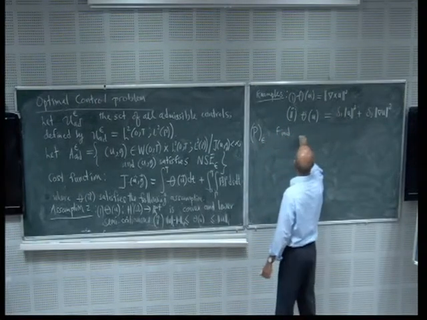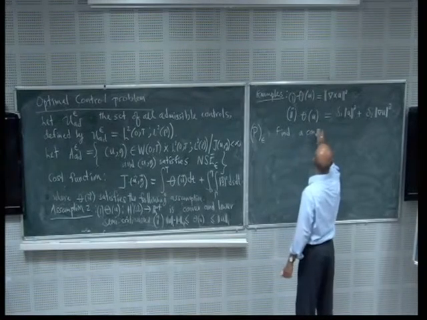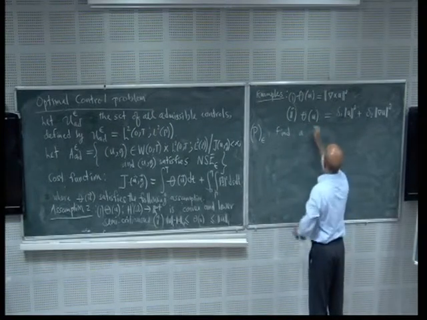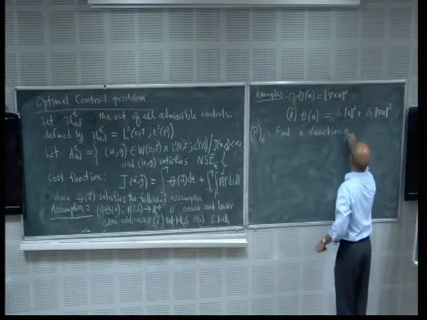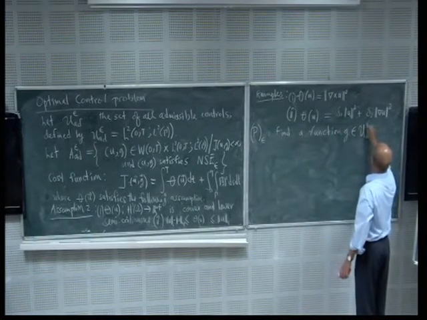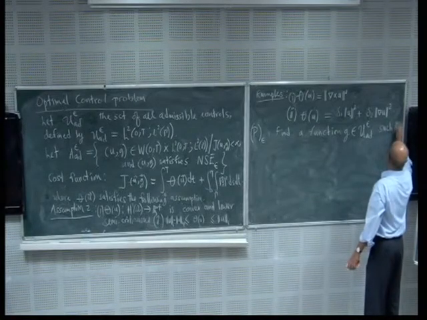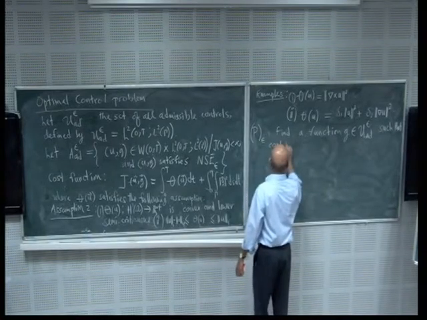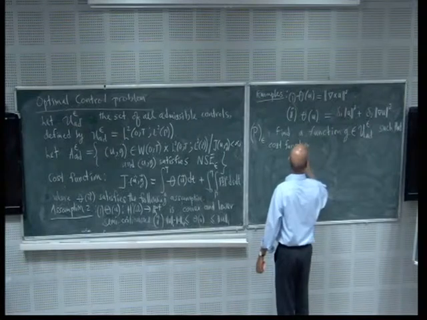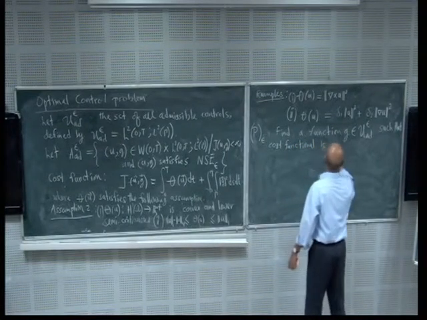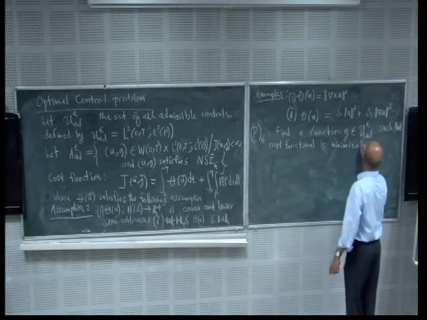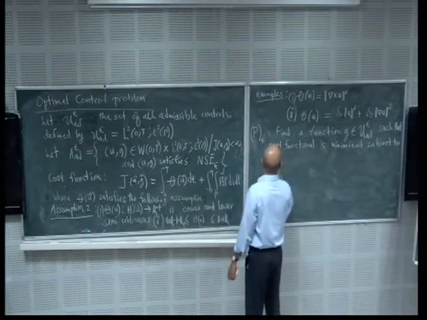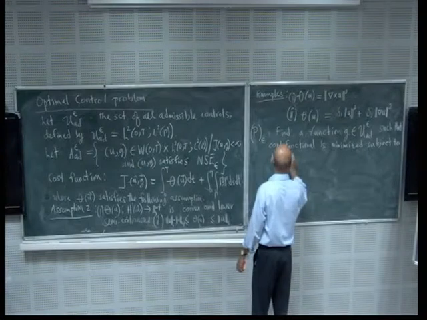Find a control, define a function u belonging to U_ad epsilon such that the cost functional is minimized subject to the Navier-Stokes equation constraint, the penalized form.